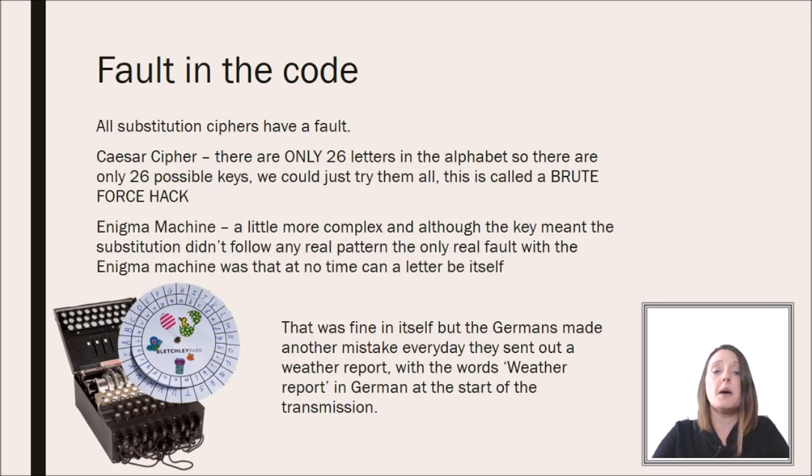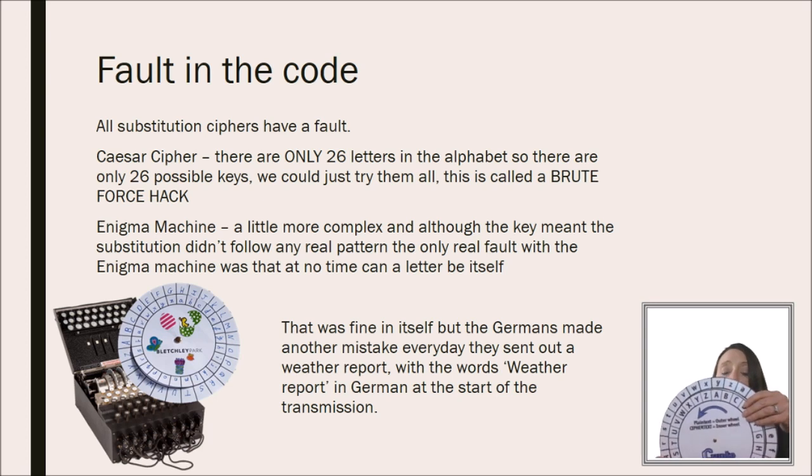However, most ciphers, most encryptions are breakable. It's how long it takes that becomes the issue. So let's have a look at some faults. If we go back to the Caesar cipher, we know there are only 26 letters in the alphabet.